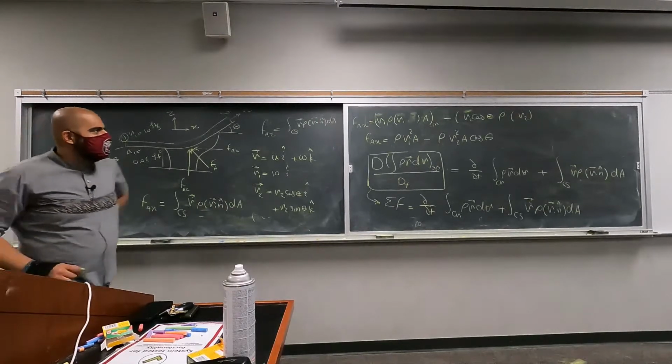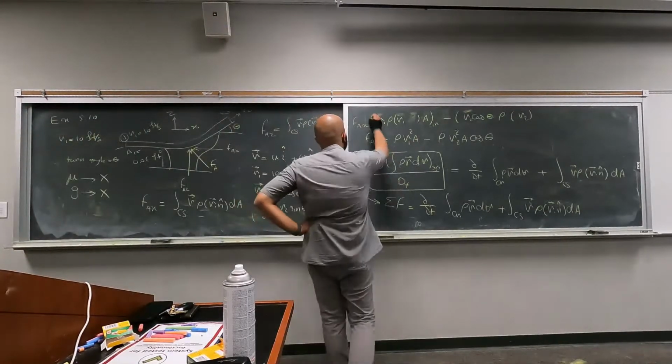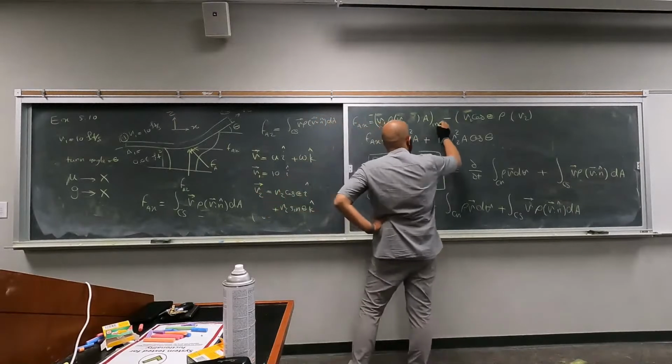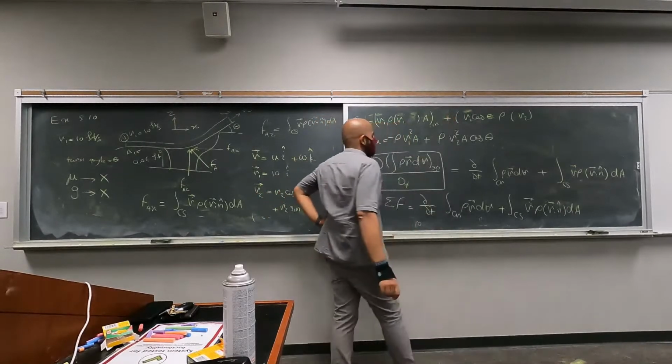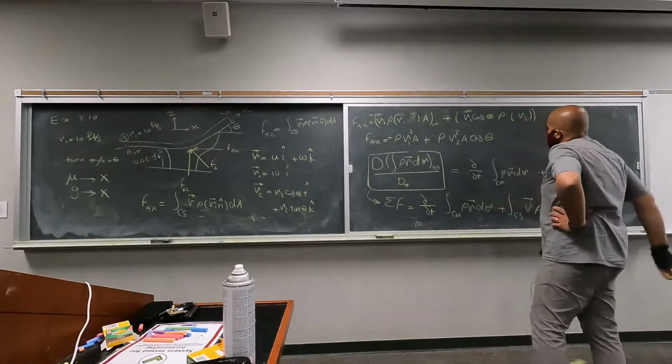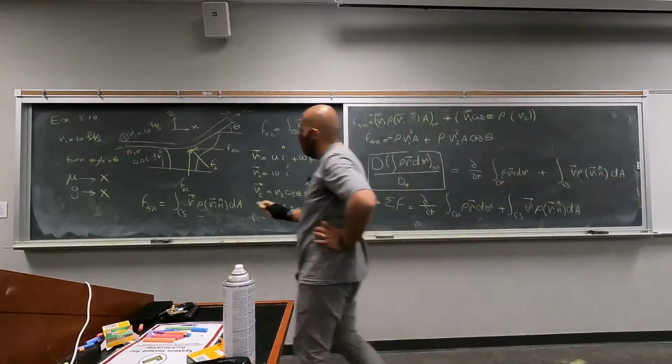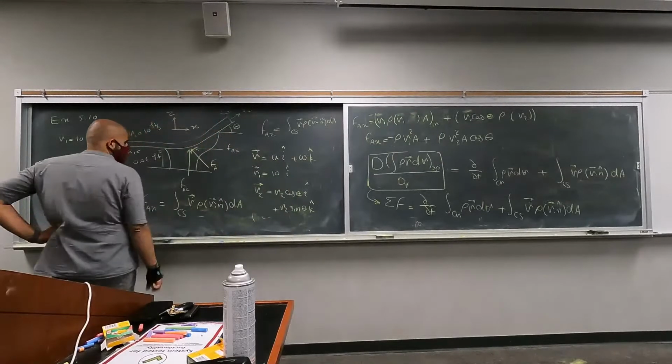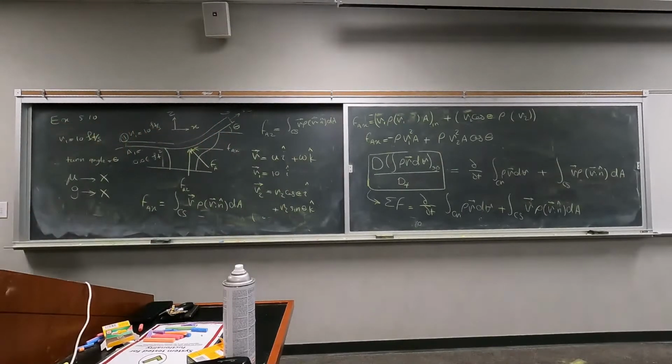Actually, the negative sign should be on this one, positive on this one: M out minus M in. Just make sure you are clear on this one. Two surfaces, we have to take this integral on two surfaces. This is how you calculate the anchoring force in the x direction.